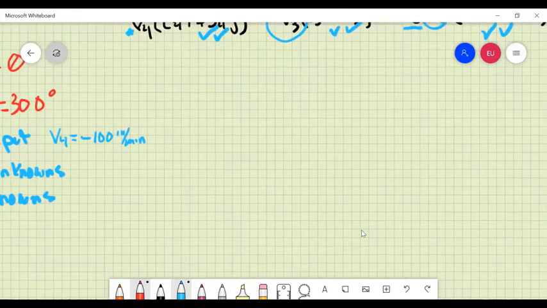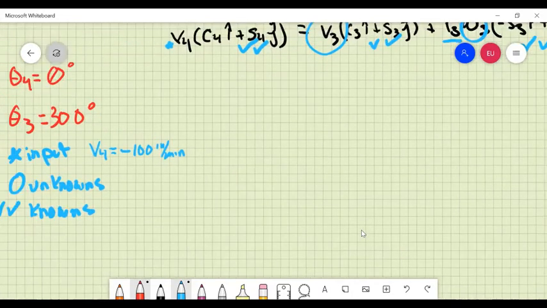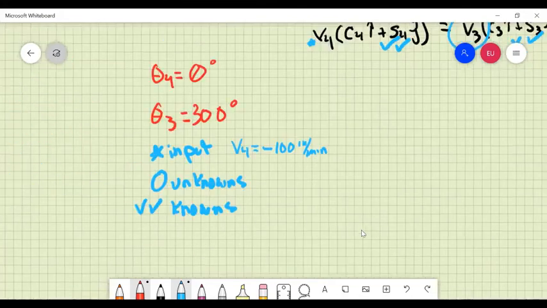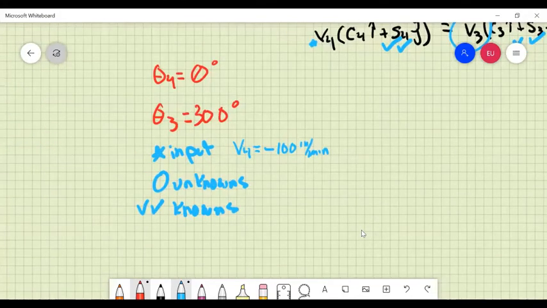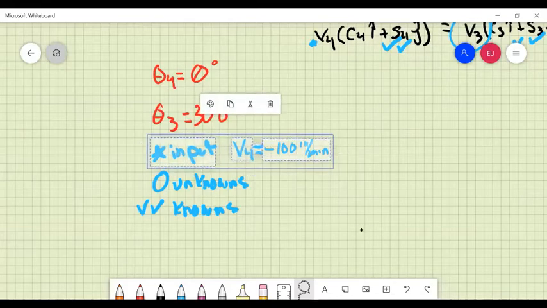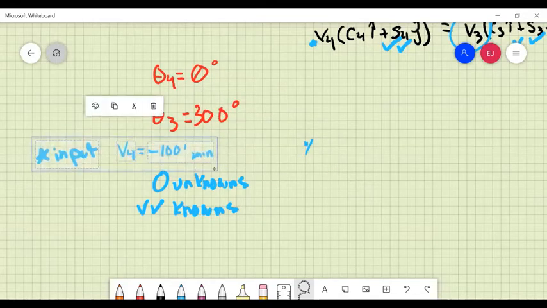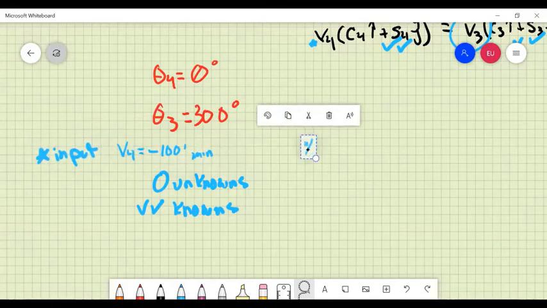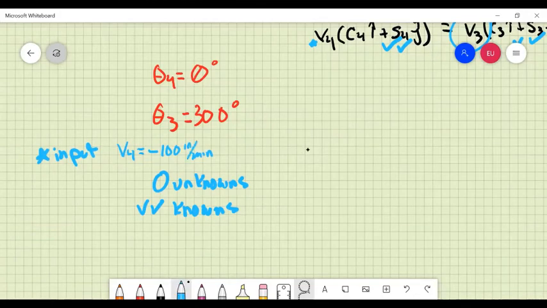And also, there is something I need to do before substituting. What do you think it is? Changing the inches per minute to inches per second. Why?